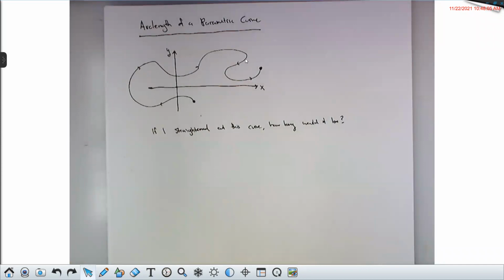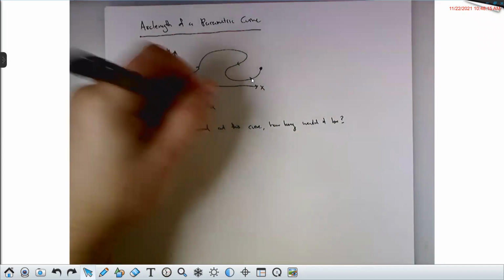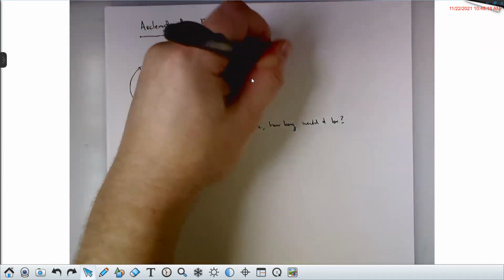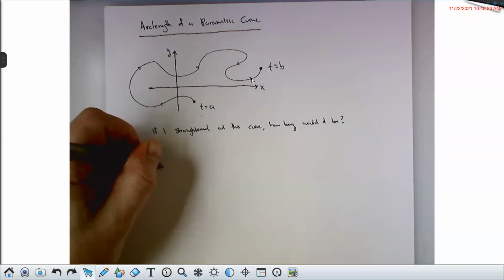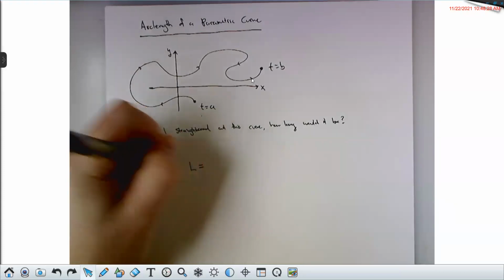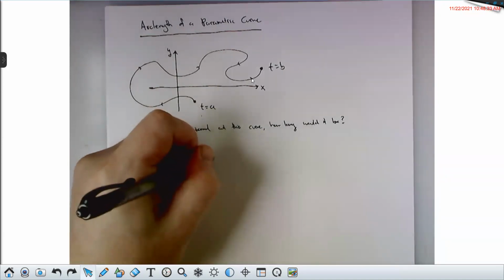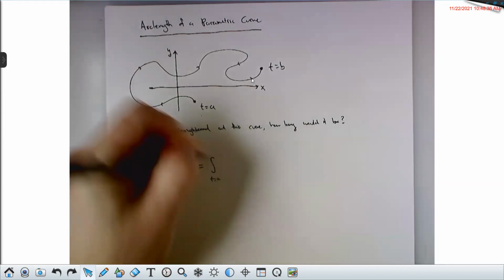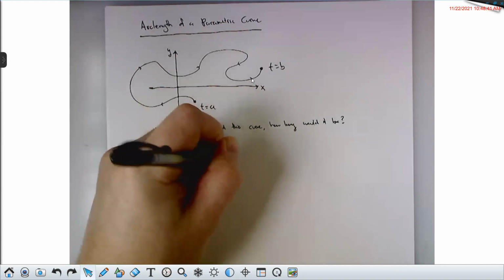And then what you see is each one of those little straight line segments has a length that can be calculated using the Pythagorean theorem. So if this is the point associated with t equals a, and this is the point associated with t equals b, then the arc length, and I believe your book uses the symbol L for this, which is unfortunate because pretty much everywhere else uses S, but they don't use S for surface area, would be the integral from t equals a to t equals b of a pretty intimidating looking thing.